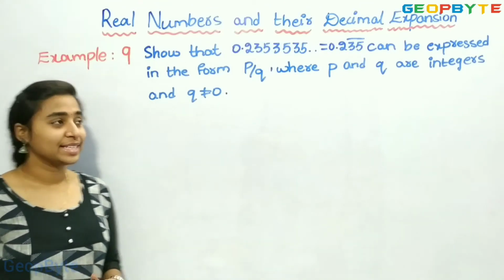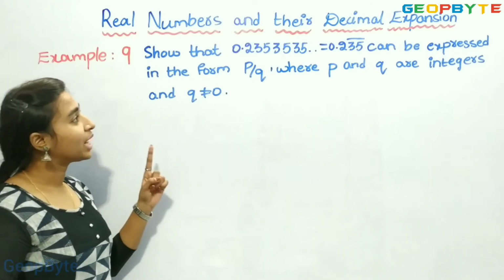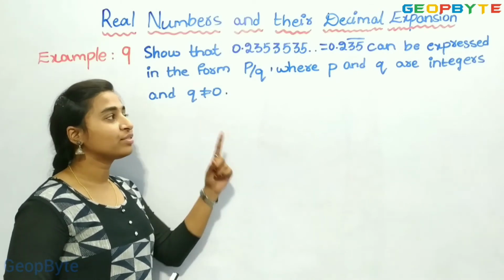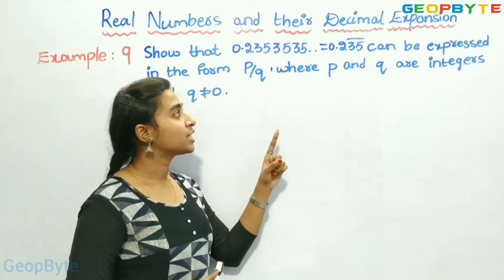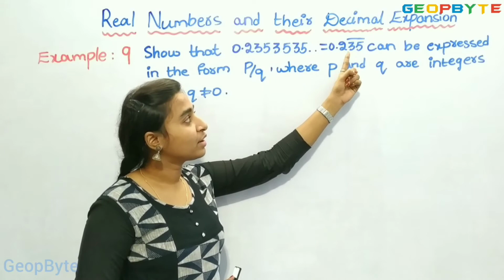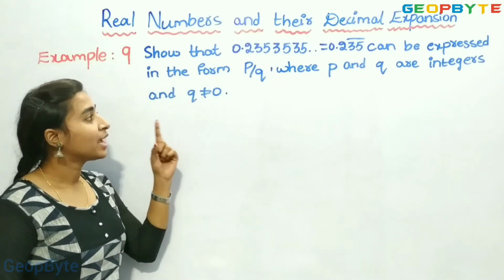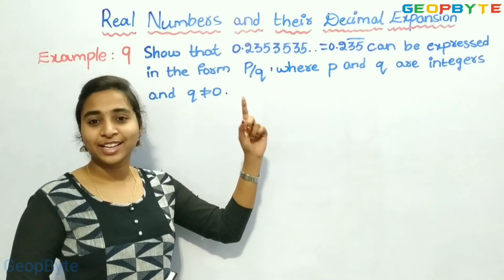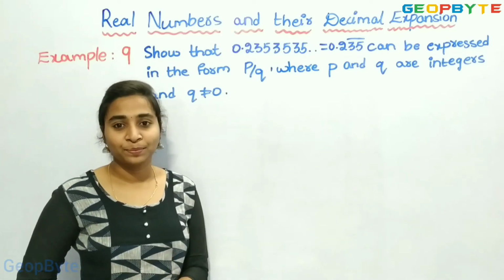Now, let us see example 9. Show that 0.2353535 and so on, which is 0.235 with the bar only over 3, 5, can be expressed in the form P by Q, where P and Q are integers and Q not equal to 0.